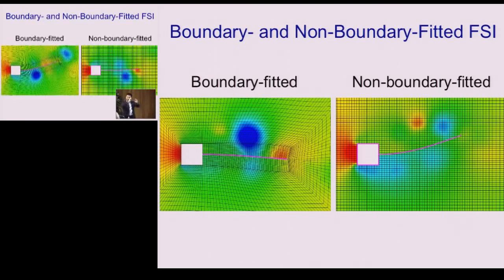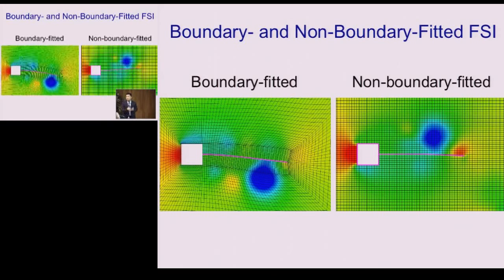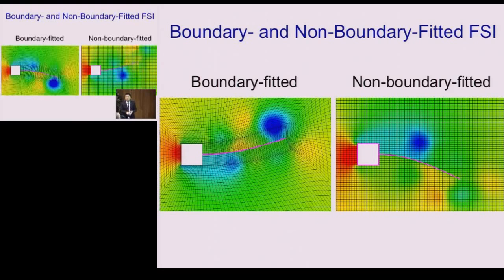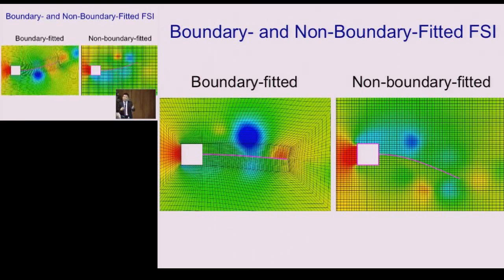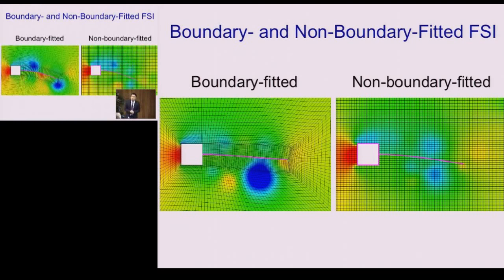Once you have adjoint consistency, this additional term stabilizes your formulation. The stabilization is a function of viscosity and mesh size, and also a constant determined by the polynomial degree.